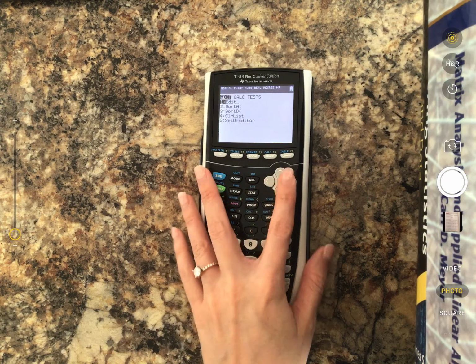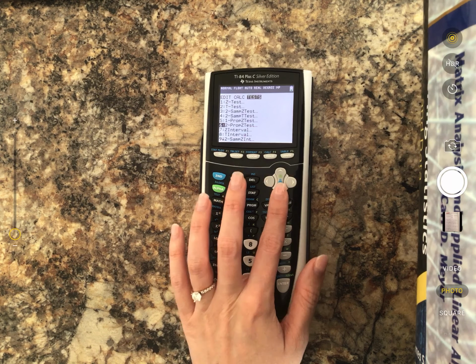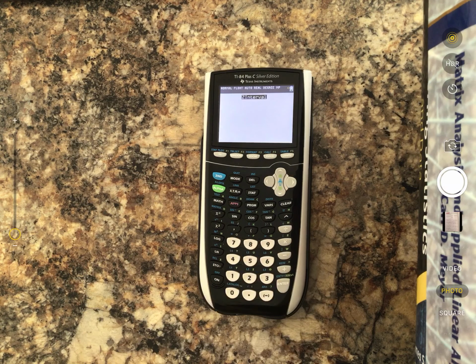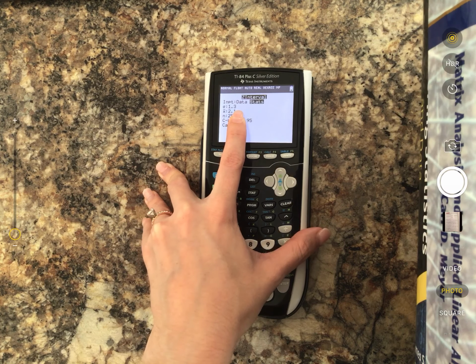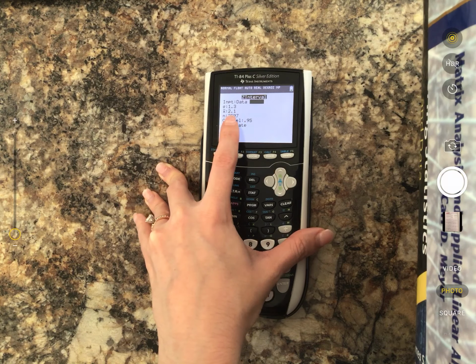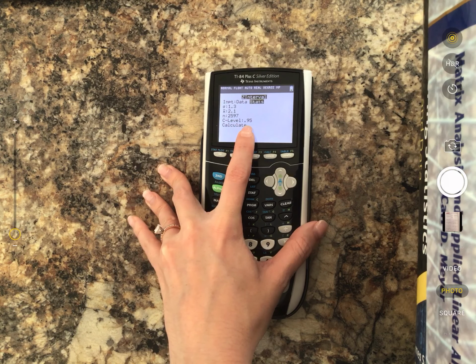You're going to go to stat, across to tests, and down to z interval. Okay, again, we're inputting statistics. Now, your standard deviation of the whole population was 1.3, the sample mean was 2.1, then n, your sample size, was 2597, and the confidence level was 95%.